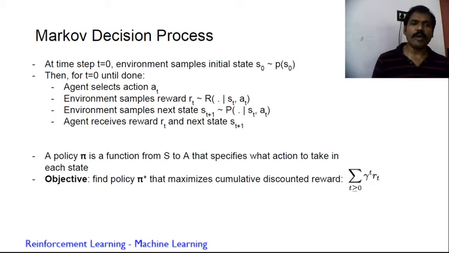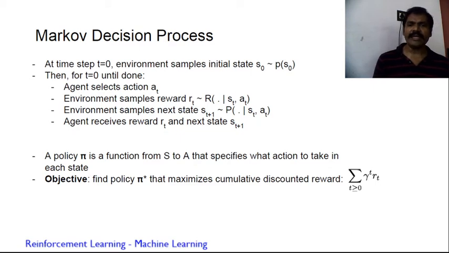So in the Markov decision process at time step t naught, the environment samples the initial state S naught, right? So we'll be finding the possible actions from the state S naught, that is the probability of what the possible actions on S naught are. The agent selects, say, action AT. The environment samples a reward R. I will be getting a reward based on the action AT.